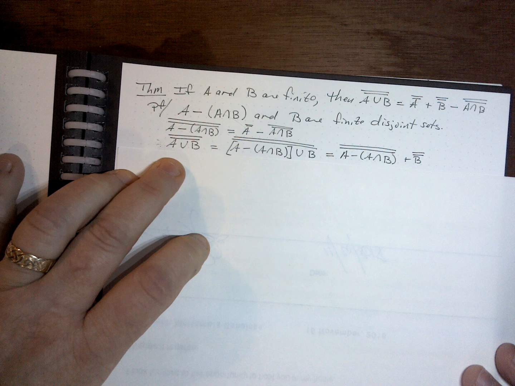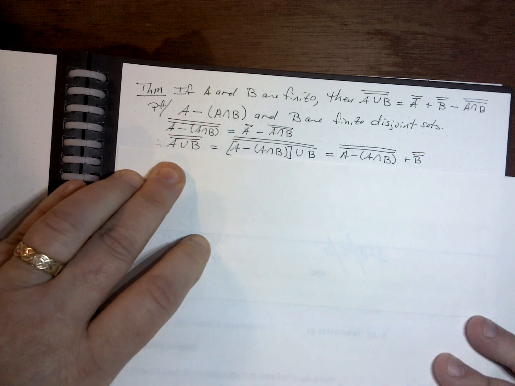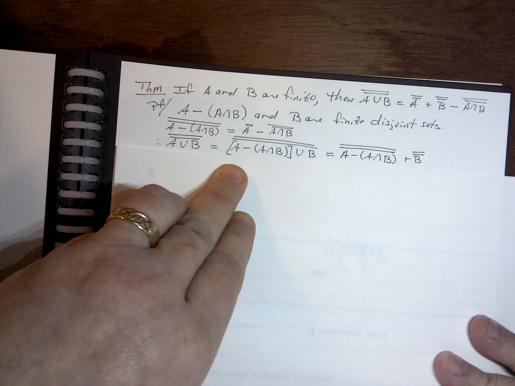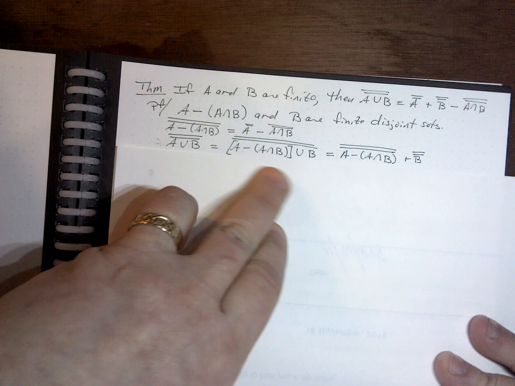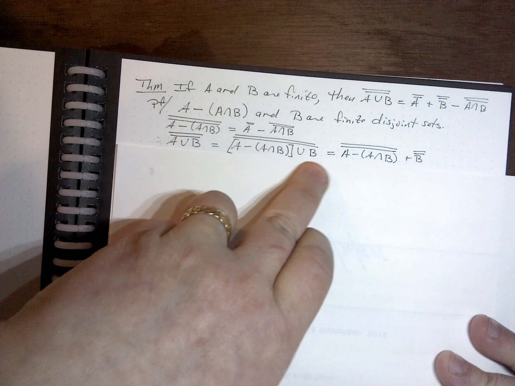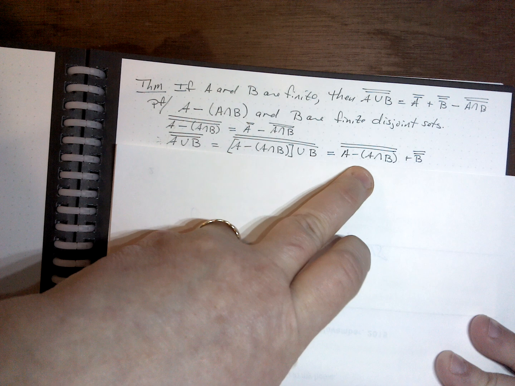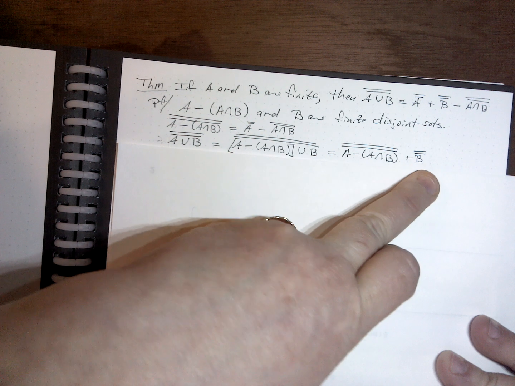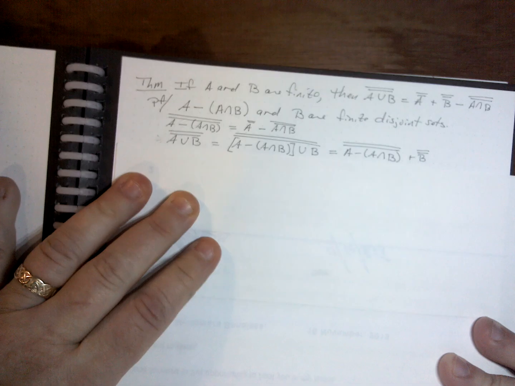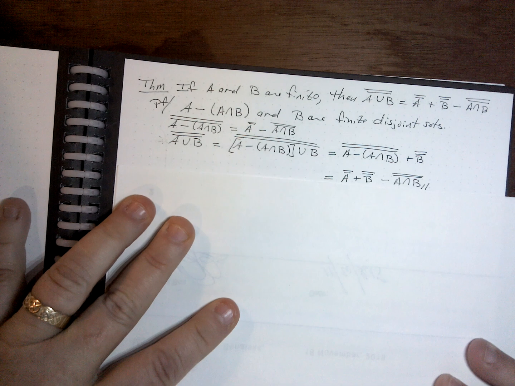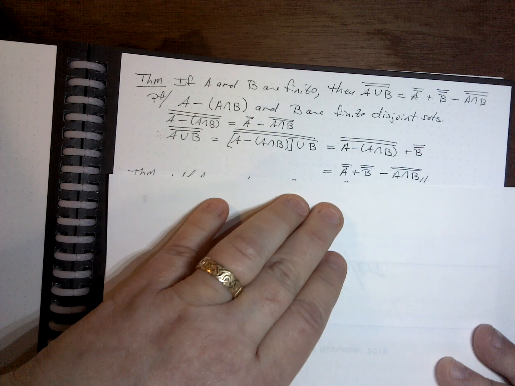Which means the cardinality of A union B is the cardinality of (A minus A intersection B) union B, which is the same thing as the cardinality of A minus A intersection B plus the cardinality of B. That's a mouthful. Okay, but that is the same thing.